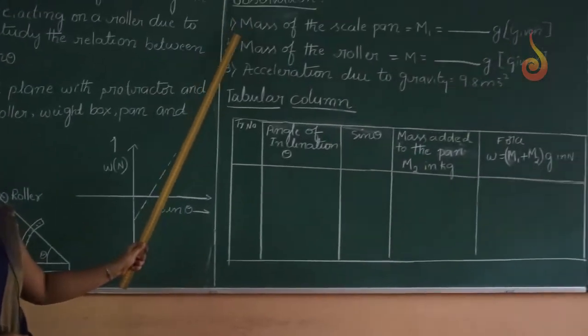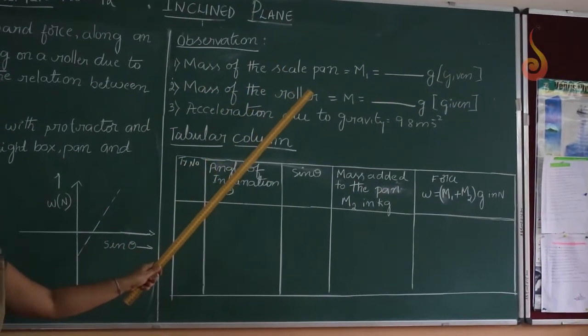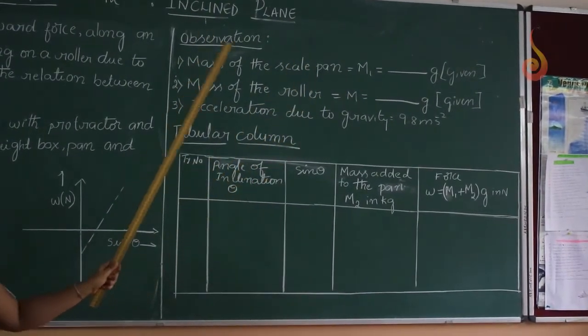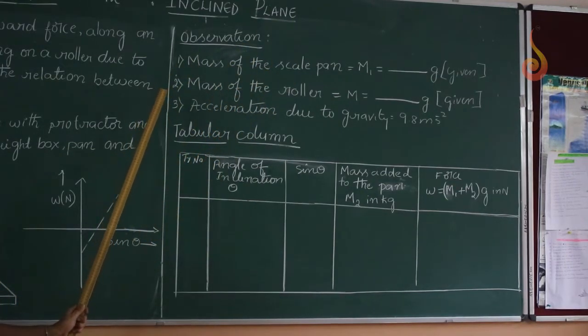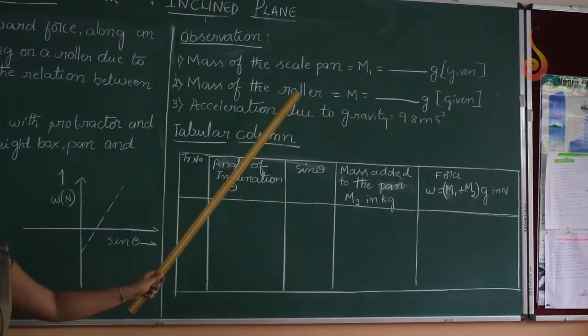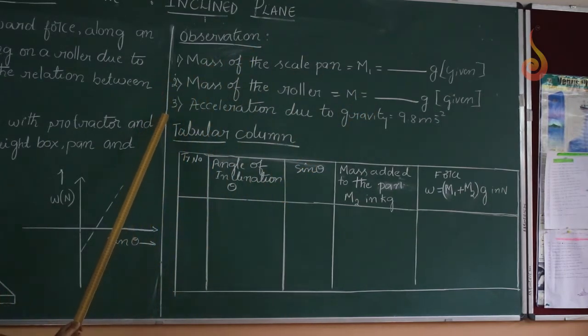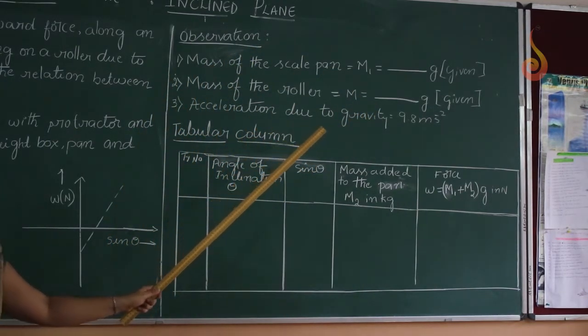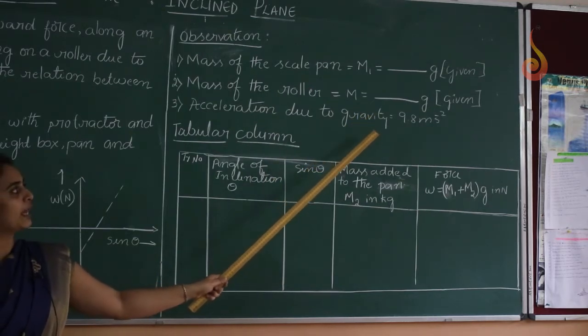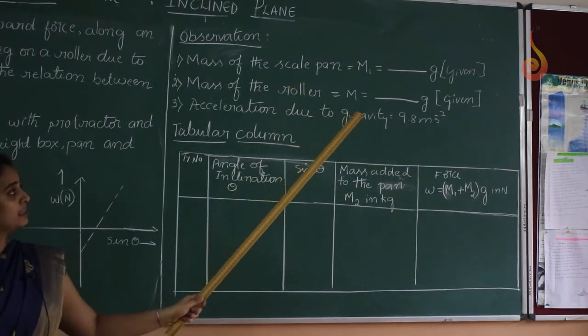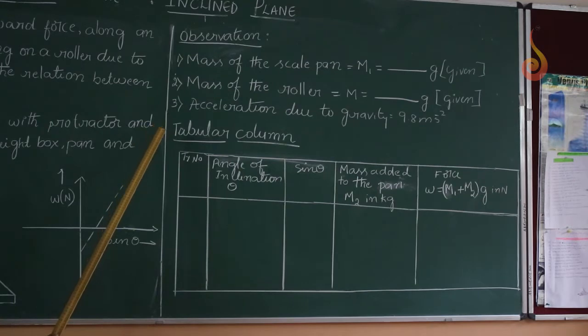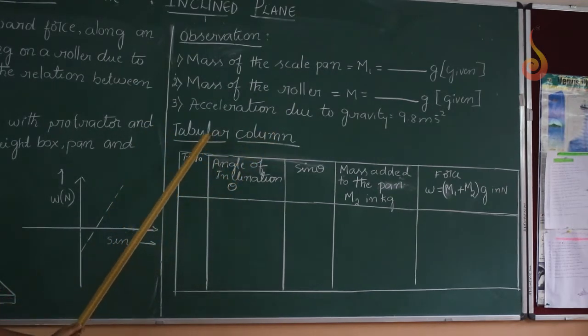It consists of mass of the scale pan m1, that is the given value. You can directly note it down. And second one, mass of the roller m, that is also a given value. And third one, acceleration due to gravity, that is equal to 9.8 meter per second square. And this is the tabular column part.